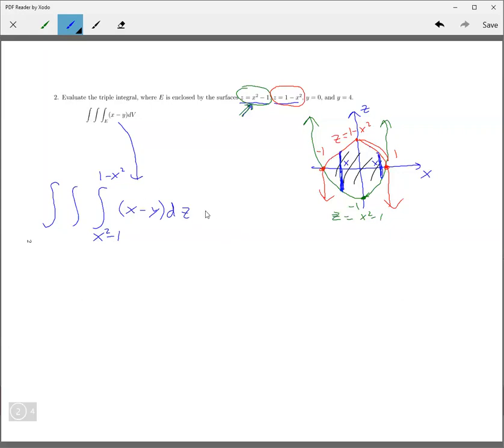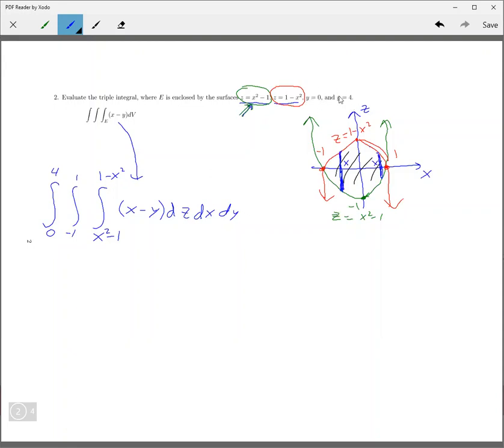Okay, and then if we go with the next one, now this one, the dx, that one is going to go from -1 to 1. Okay, because this is -1 to 1 right there. Okay, and then what is y going to go from? 0 to 4. Yeah, 0 to 4. Okay, so this is the y limits right there.